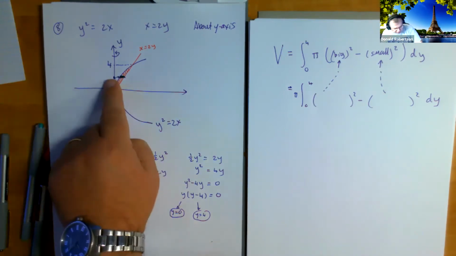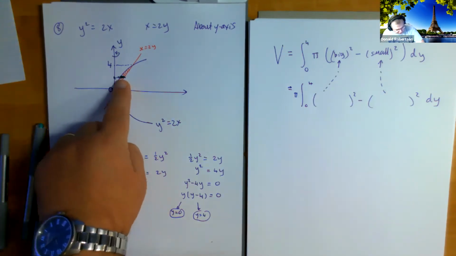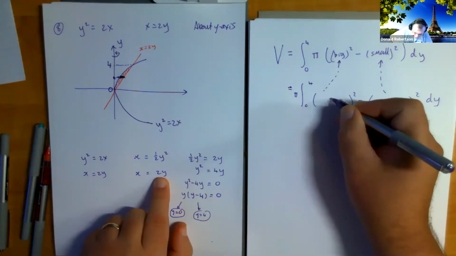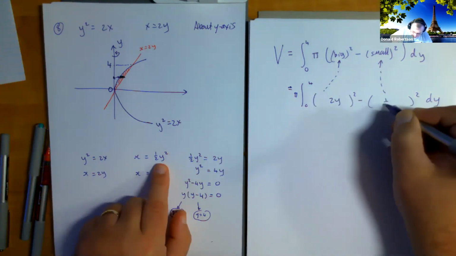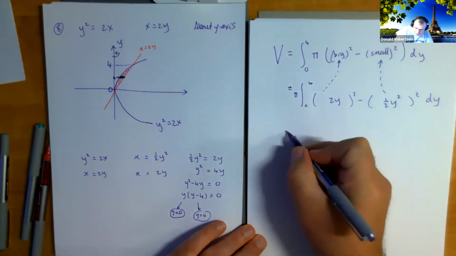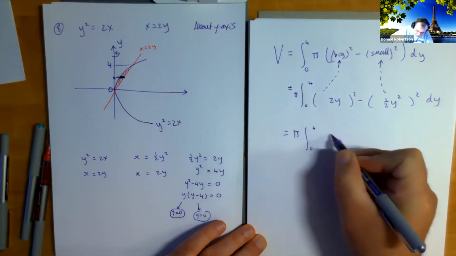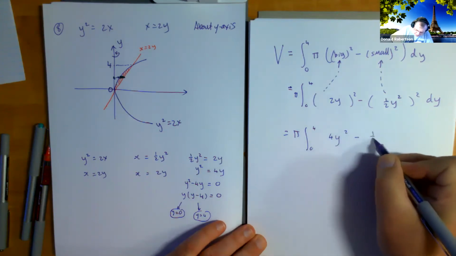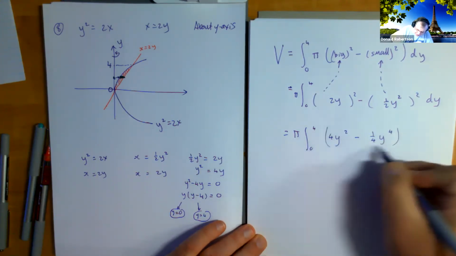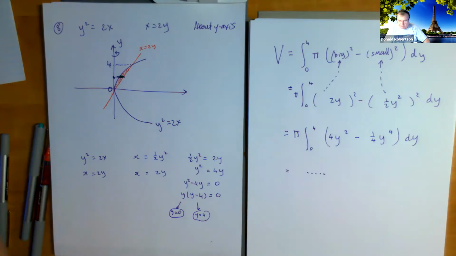Because x equals, that's essentially the x coordinate of that point, and the other one is an x coordinate. And the furthest away one is this one, and the closest is this one. So what you now have is pi, the integral from 0 to 4, 4y squared, take away 1/4 y to the 4, dy. And at this point, it's really just a matter of power rule and plugging in 0 and then plugging in 4.